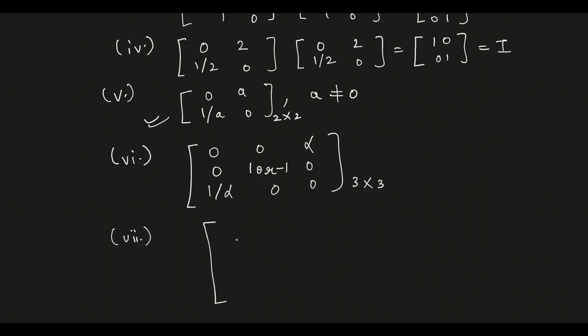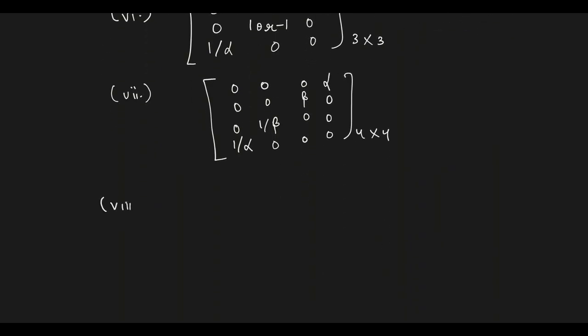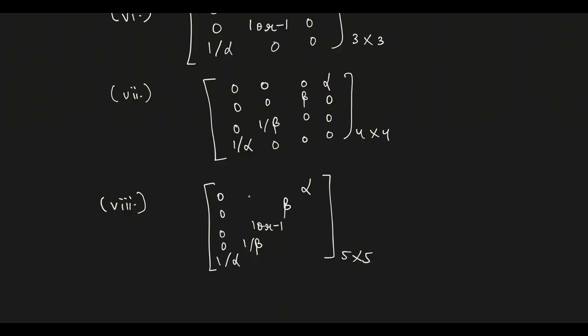For 4 cross 4, 5 cross 5, alpha, beta, 1 or minus 1, 1 by beta, 1 by alpha, and the rest of the entries are 0.